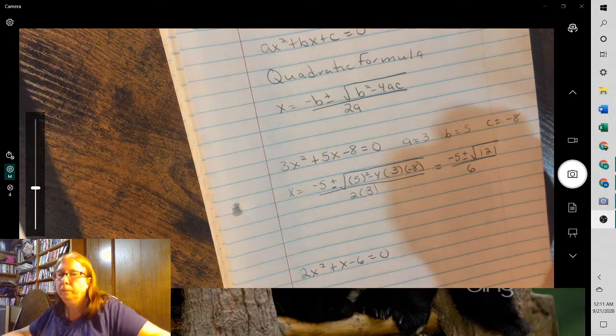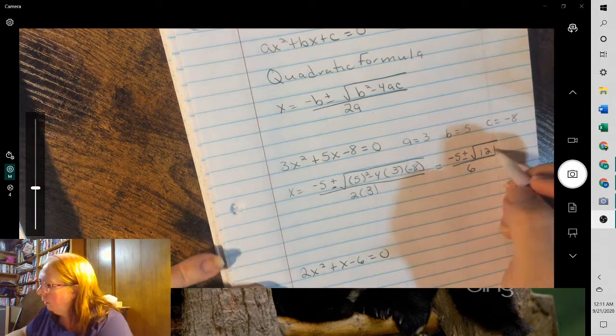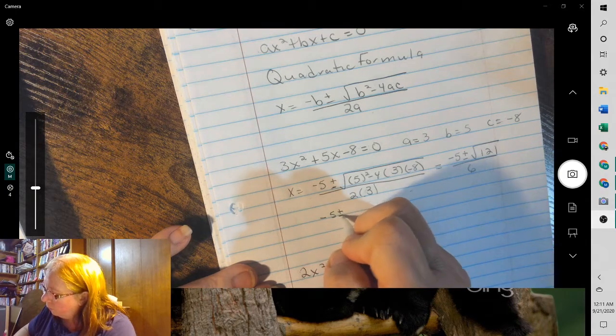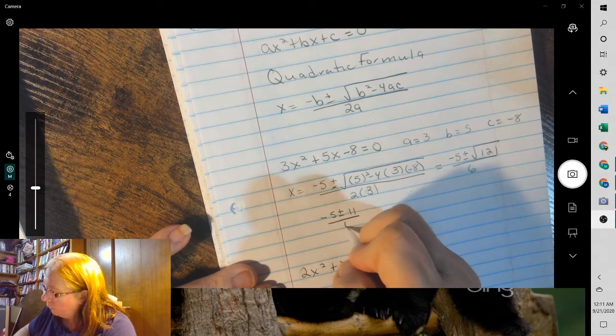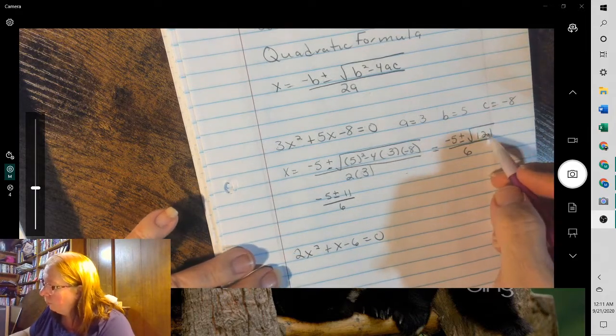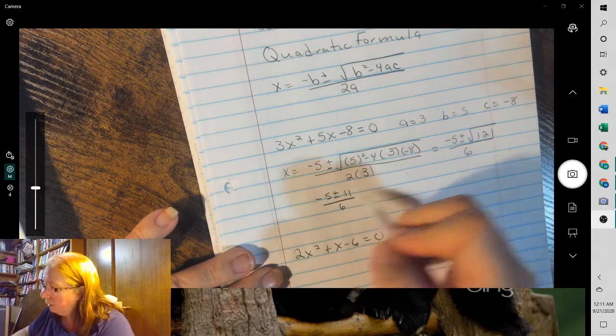121. And that's a perfect square, which is nice. So we have negative 5 plus or minus 11 over 6, because the square root of 121 is 11.